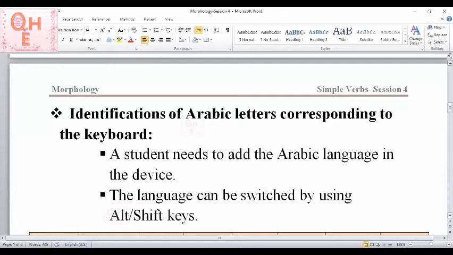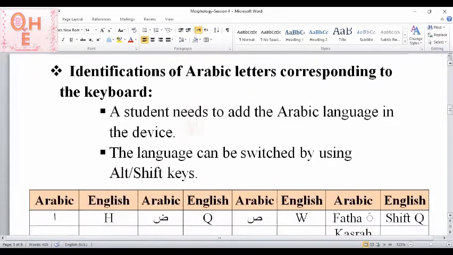And also, we should know that the language can be switched by using the Alt and Shift keys. So if you're right now in English mode, you switch to Arabic mode by just using the Alt and Shift keys. Let's go over the characters we need to type on the English keyboard for certain Arabic letters and signs, inshallah.